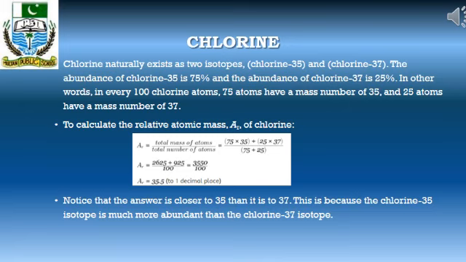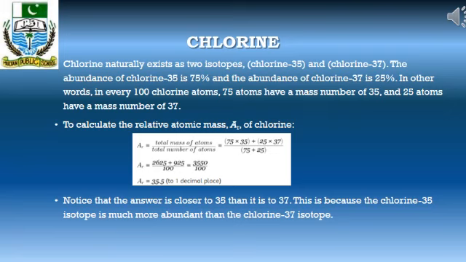This is based on the percentage which I am discussing. It is based on the relative abundance of the isotope. As we have already discussed, chlorine 35 is 75% abundant in the sample of chlorine gas and chlorine 37 is 25% abundant, or it has an abundance of 25%.